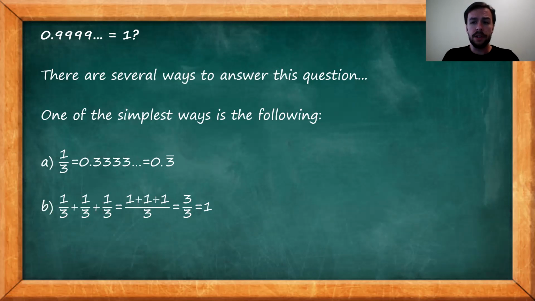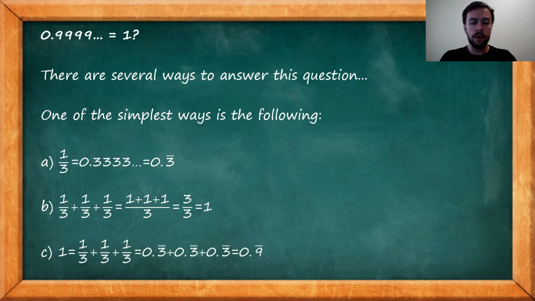Second, we establish the rather logical idea that 1/3 plus 1/3 plus 1/3 equals 1, and therefore 1 equals 0.3 repeating plus 0.3 repeating plus 0.3 repeating, which equals 0.9 repeating, and therefore 0.9 repeating equals 1.